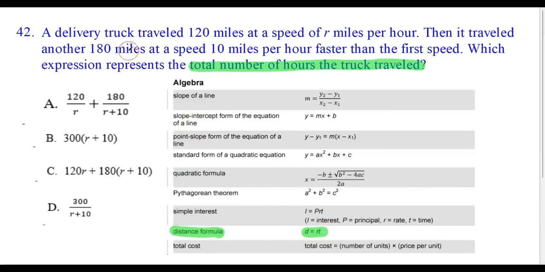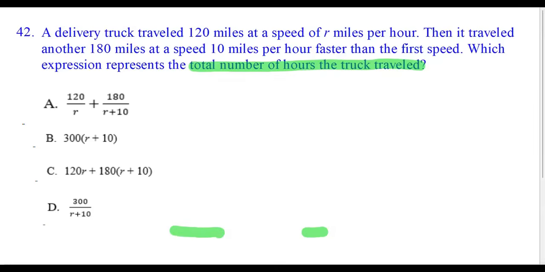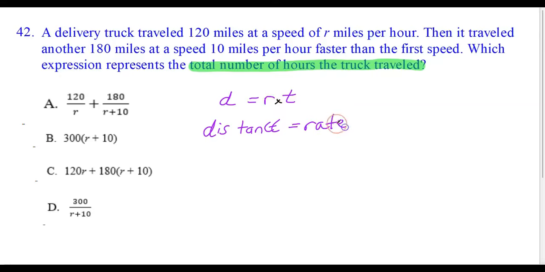So I'm going to write that down. D equals RT. There's a times sign here. It's not showing. D represents distance. Equals R represents rate or speed.